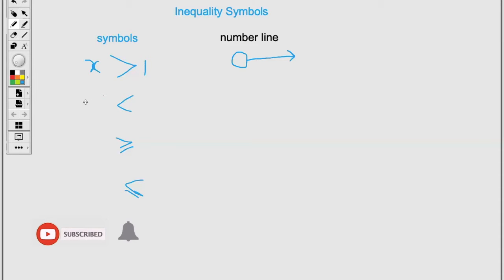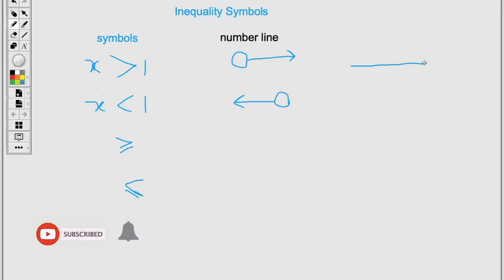If I have x is lesser than 1, again, we'll have an open circle above the number 1, and we'll be going towards minus infinity on the number line. Let me do this using a number line.